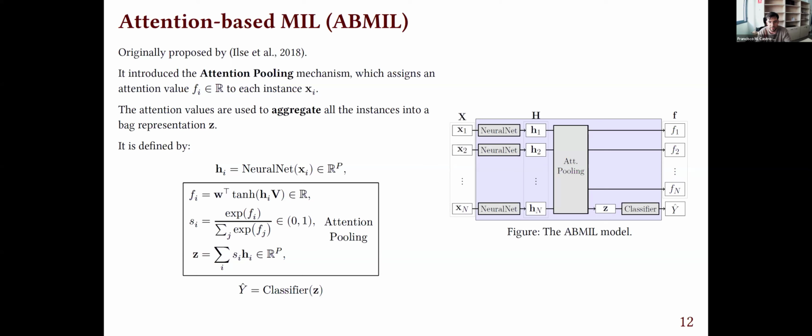Here it is a two-layer perceptron, but you can use whatever you want. The next step is to normalize those attention values using the softmax. Then we use these attention scores, which are the normalized attention values, to compute the bag representation. Then we feed the bag representation to the classifier.